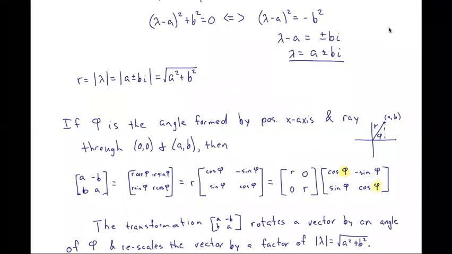Sine of 2 pi is 0. This is going to be the identity matrix at 360 degrees. So the rotation has come full circle all the way around, and the only thing that happens to a vector under this transformation is it's rescaled by whatever r is, based on A and B's magnitudes.